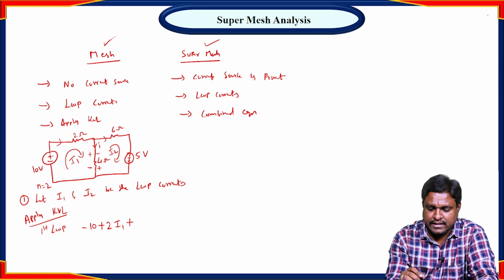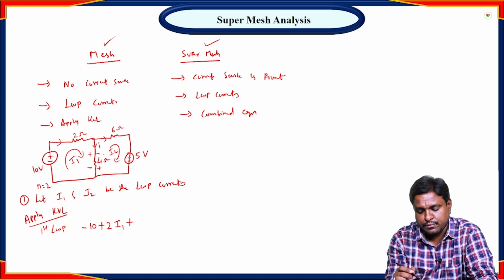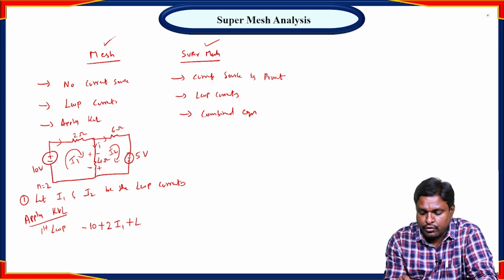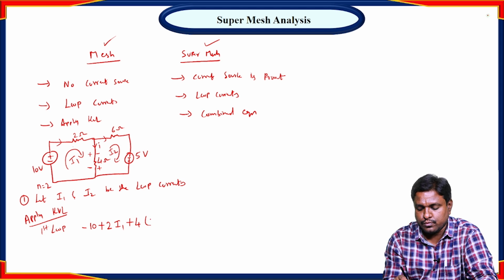So if we consider the potential of this branch with respect to I1, I1 is positive for the first loop with respect to the second loop. So we get plus 4 into I1 minus I2, I1 minus I2, equal to 0.